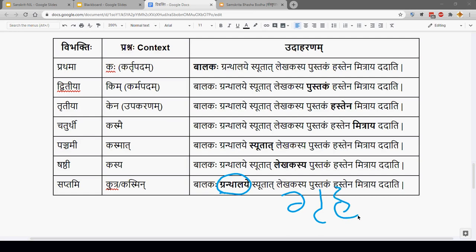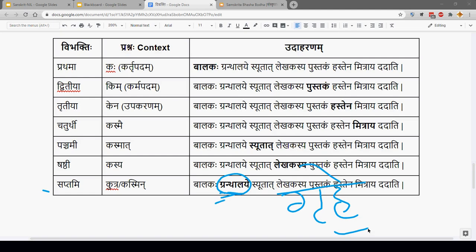Gruham is also like Phalam, Pustakam, and this form, the seventh case ending, becomes gruhe, similar to granthale, because the masculine and neuter forms are mostly the same except in a few vibhaktis. In the seventh case, it is similar.